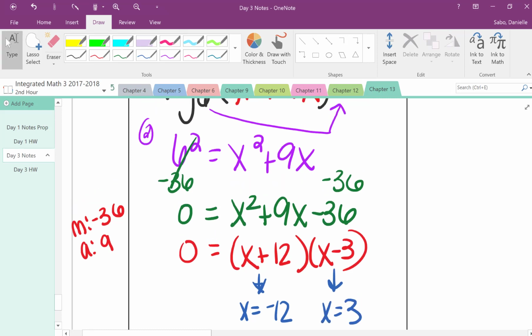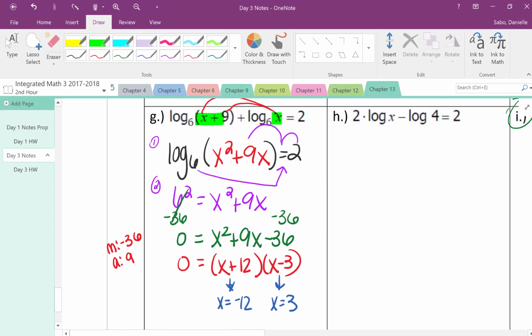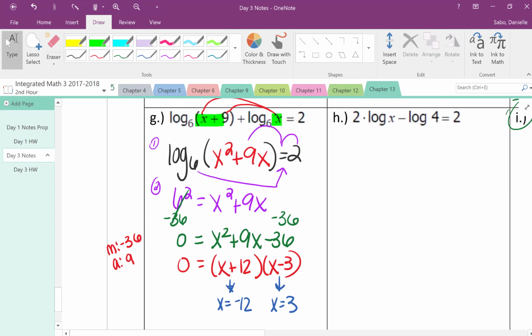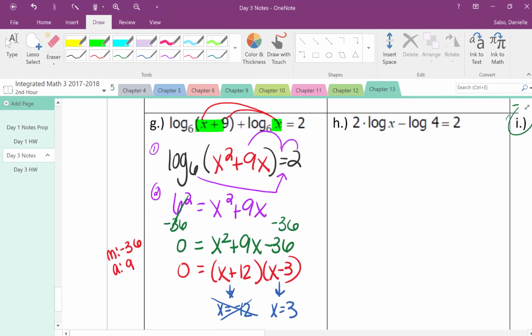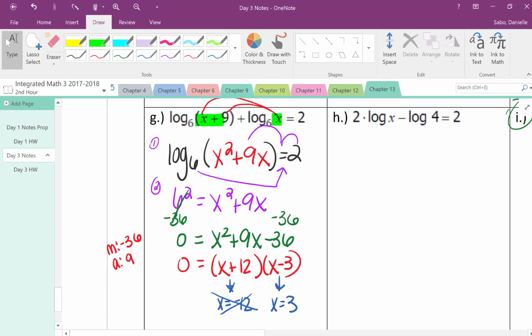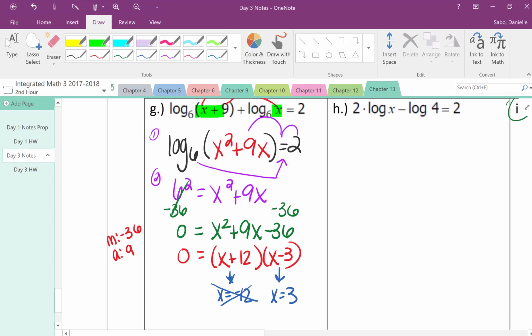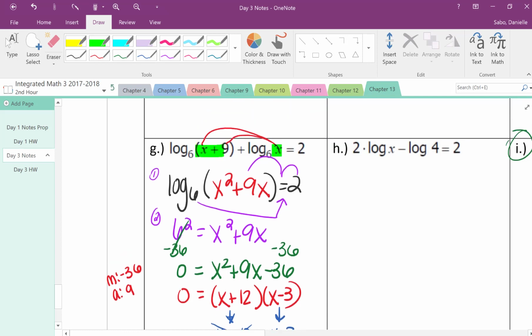Now, why are you saying it won't be right? Because you can't. Yeah, I agree 100%. So this is gone, and let me explain why. You can have a negative answer, you just can't have a negative argument. So when I plug in negative 12, that's going to give me a negative argument.